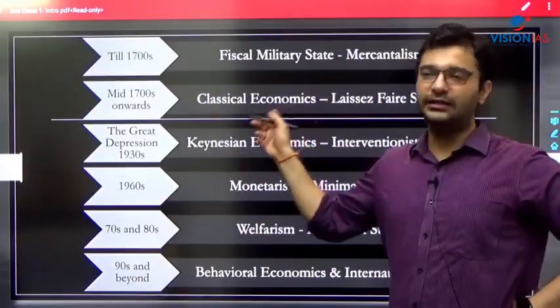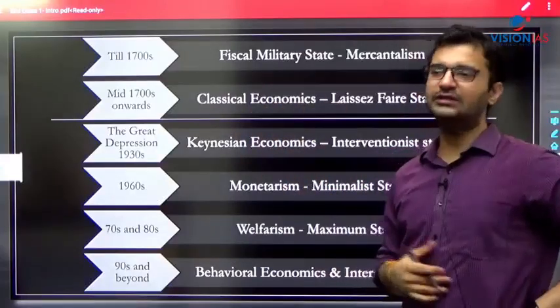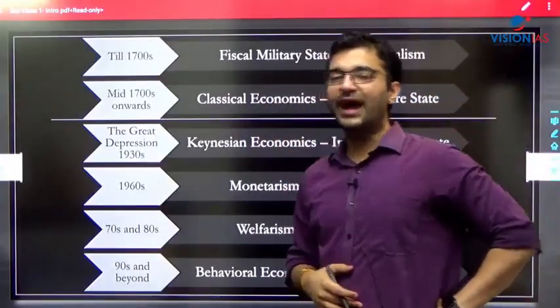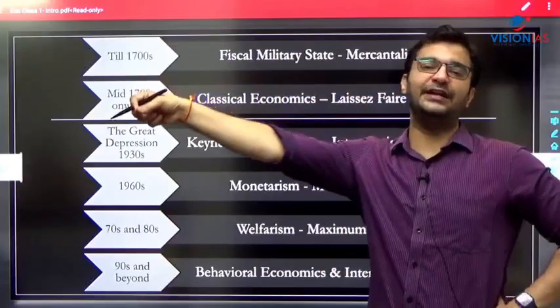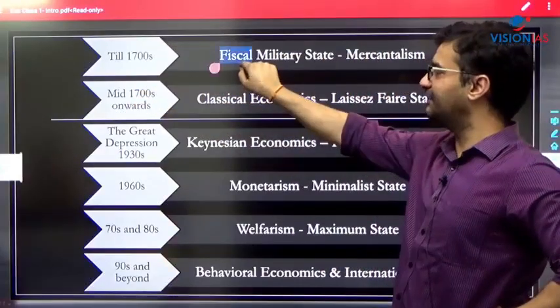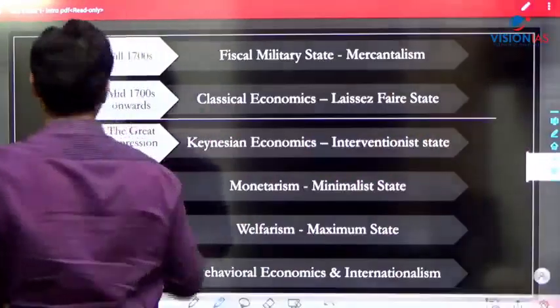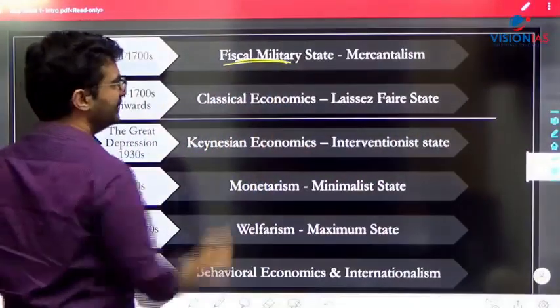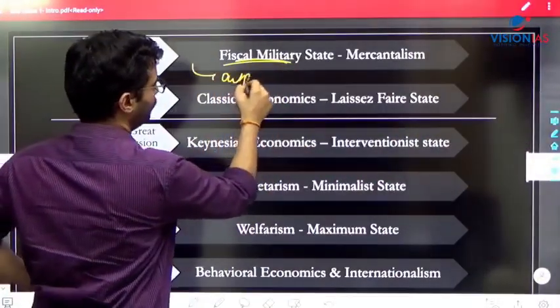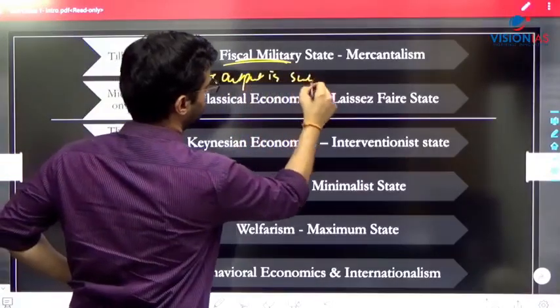Adam Smith argued, the foundation of classical economics, that when the state intervenes, जब state decide करेगा, when the state decides, the output is suboptimal.